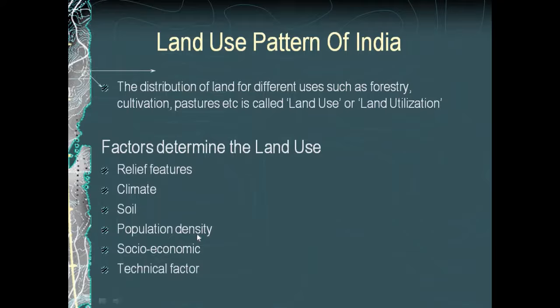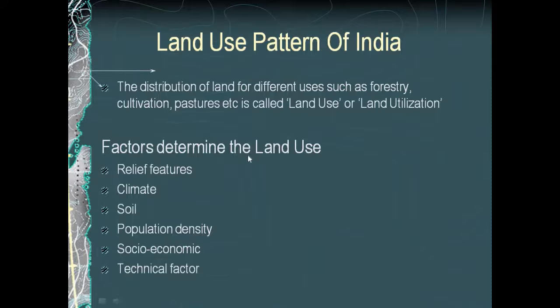Population density, depending upon the population density, how we use the land. If the density of population is more, we are using that land for residential areas, factories, etc. If it is less, cultivation land or some forest areas. Socio-economic factors and technical factors also come here. So all these factors determine the land use.